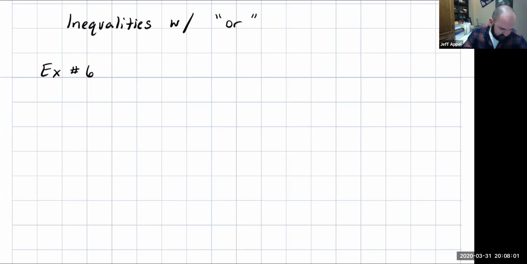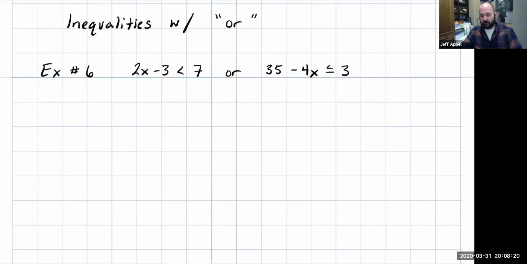And in example 6, here's what we've got. We have 2x minus 3 is less than 7. The word connecting is or. On the other side of this, we have 35 take away 4x, and this is less than or equal to positive 3. So the beginning parts of these problems, it doesn't matter the word in between for how you're going to start them.